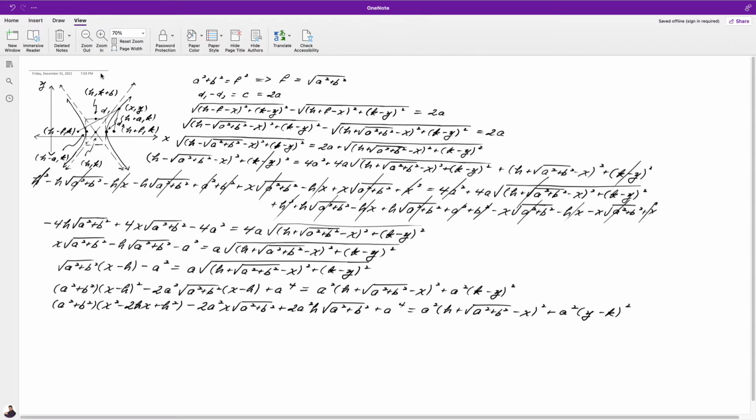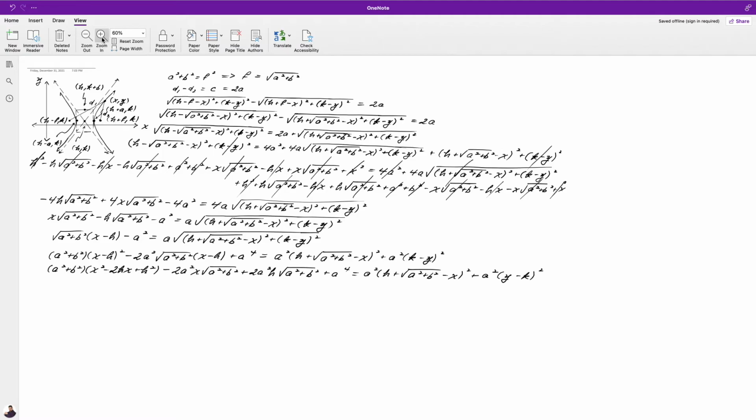Whoa, got the spinning rainbow ball. Okay, there we go. All right, expanding both sides.